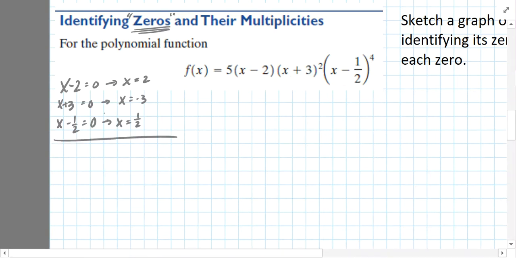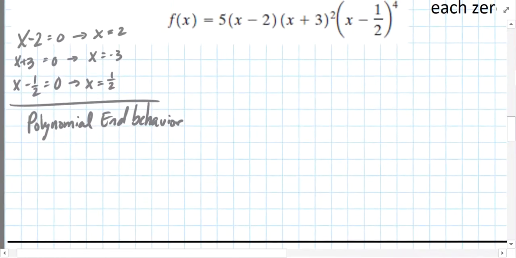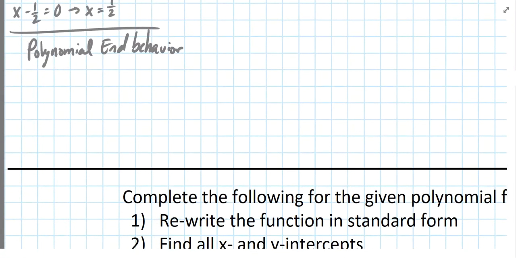Before we start sketching, I would like to consider polynomial end behavior. And this is something that's usually discussed in an Algebra 2 class and a pre-calculus class, and I know many of you have had those classes before this one. So I'll remind you of the following chart or combinations that might exist when describing the tails or the end behavior of a polynomial.